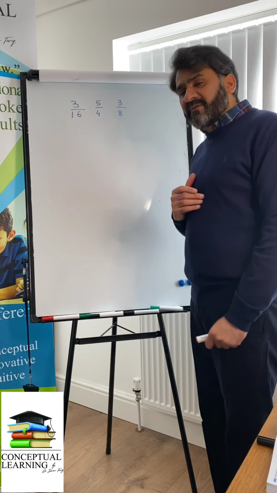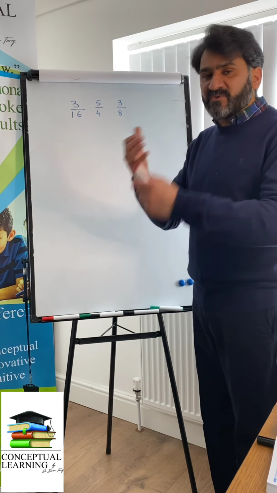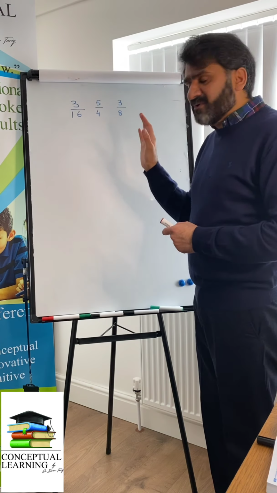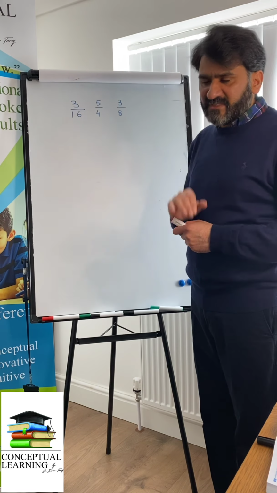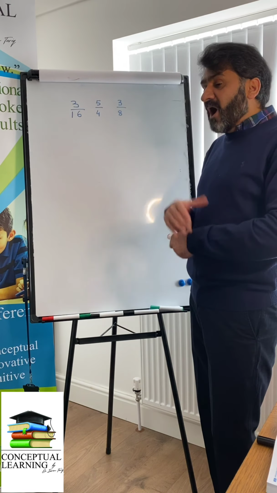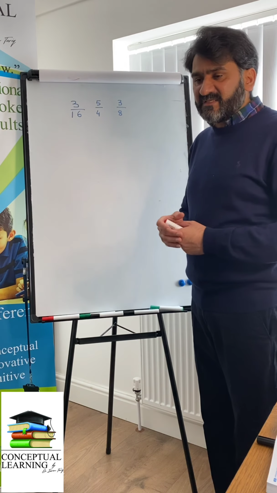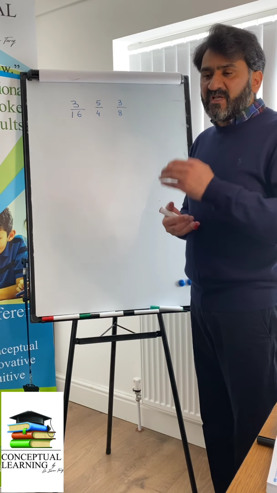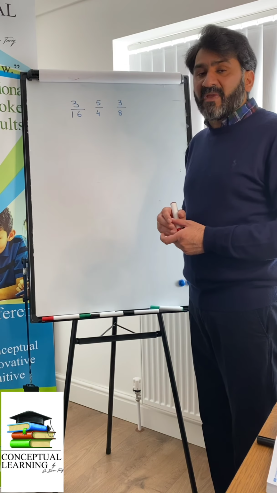Similarly, if you read the table of 8, 8 also goes into 16. So the common denominator is 16, because the other two go easily into 16. Then we see how many times 4 goes into 16: 4 times 4 makes 16.